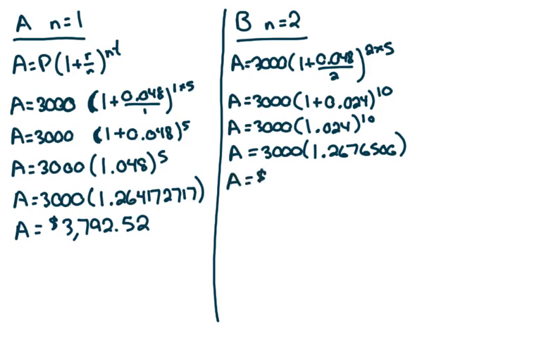Which gives us a total of $3,802.95. So you can see already, even by going from one compounding period per year to two, we've gained an extra $10.